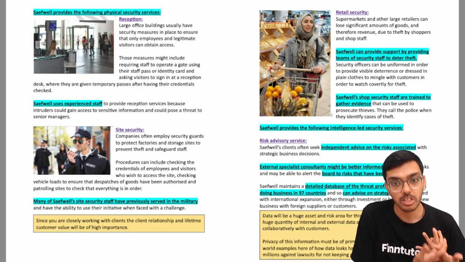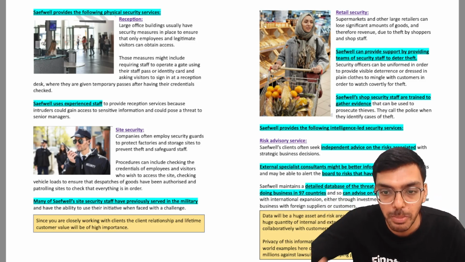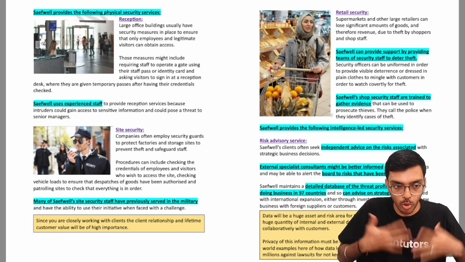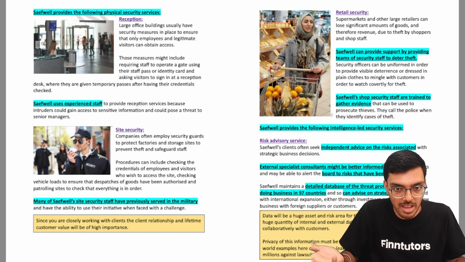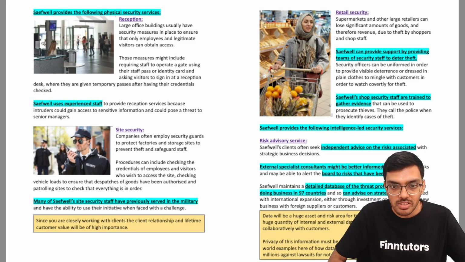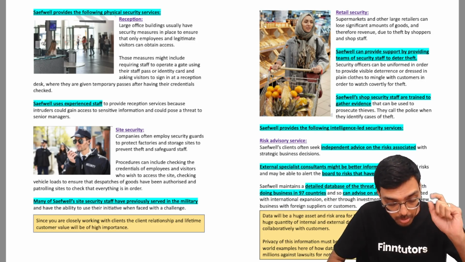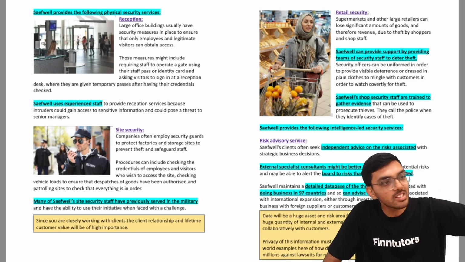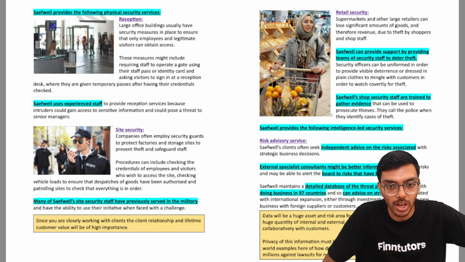Saefwell is an expert, so our external specialist consultants will provide this background. Just giving you an example. External specialist consultants might be better informed about potential risks and may be able to alert the board to risks that have been overlooked. That is why they seek specialist services like Saefwell.